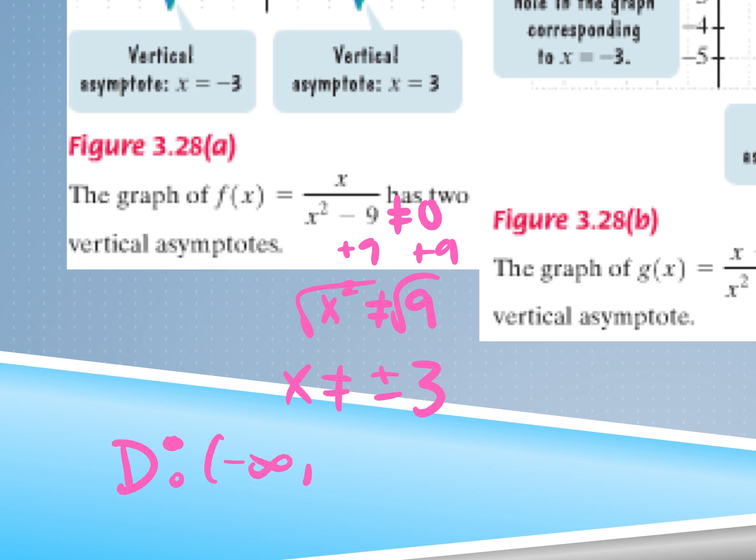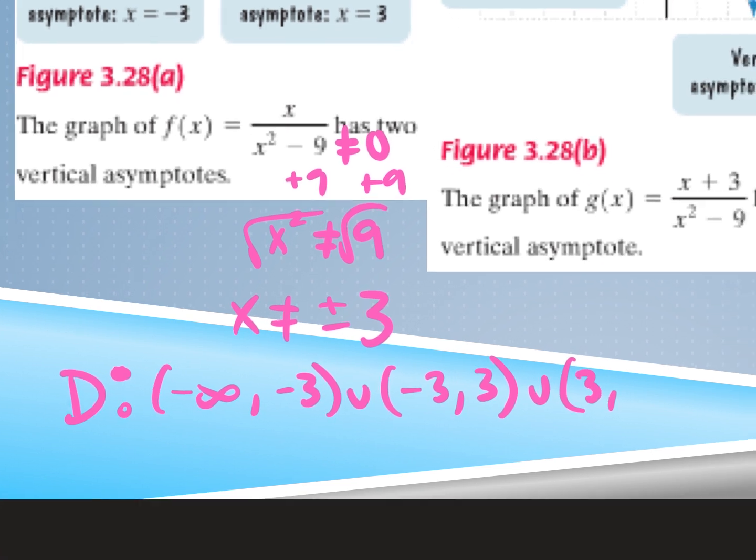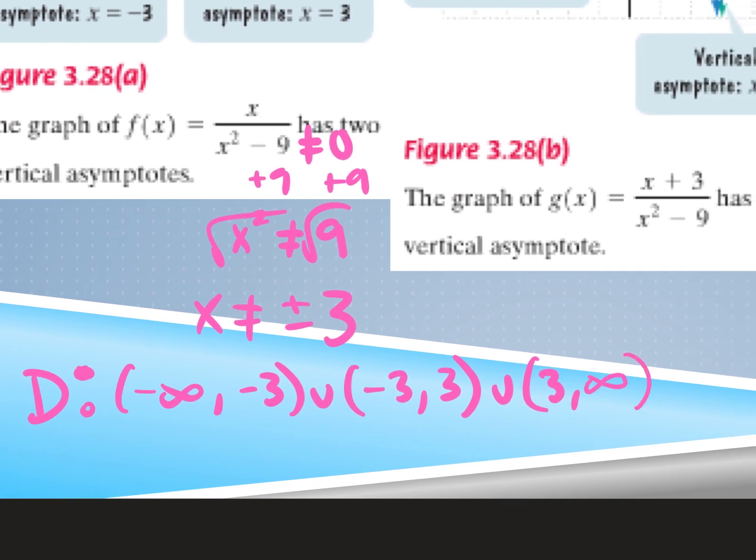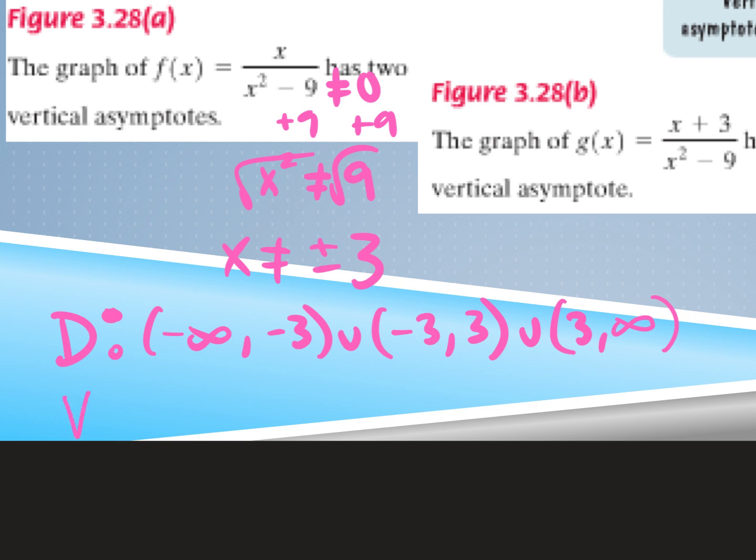Negative infinity to negative 3, union, negative 3 to positive 3, union, 3 to infinity. Perfect.